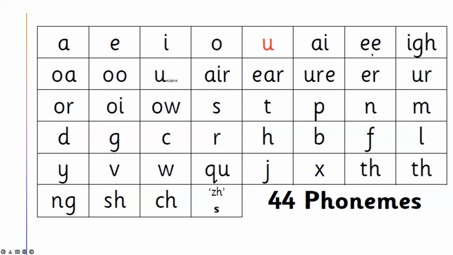A, E, I, O, U, U. Now, these two U sounds are often confused with one another because they do sound so similar, but we've got one in words like moon, and we've got the other in words like unicorn.